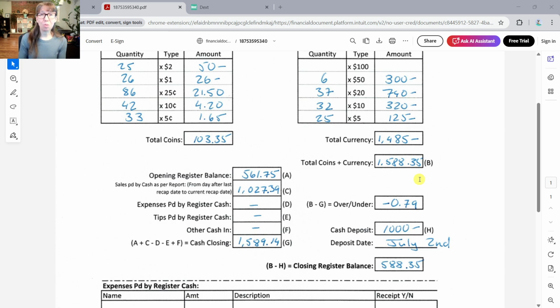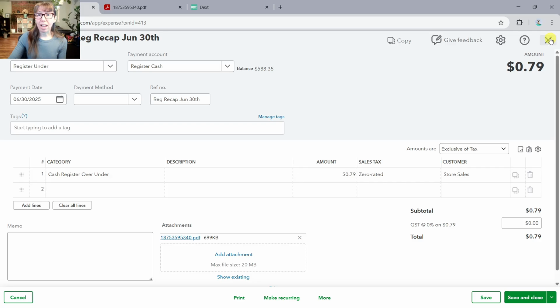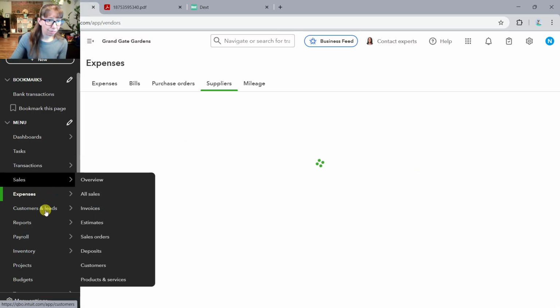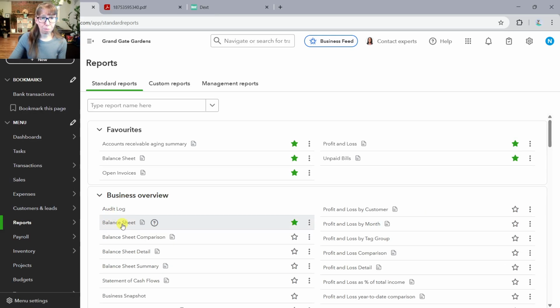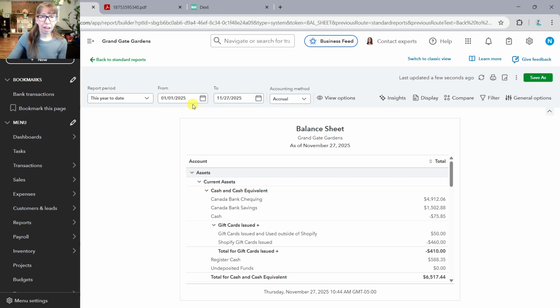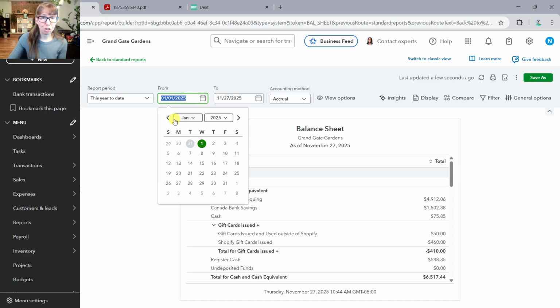So let us go now back to QBO, and let's go and look at that GL account for cash. I'm going to go to reports. I'm going to go to the balance sheet, and let's change this to the month of June.